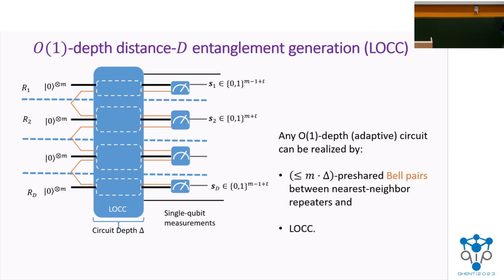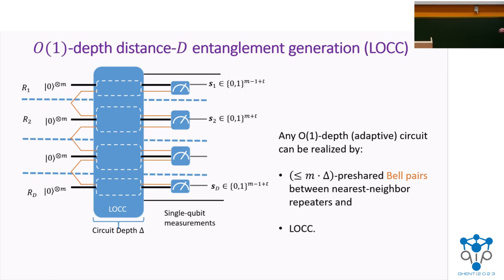Equivalently, we can write the previous circuit like this. I just replaced all the 2 qubit unitaries between nearest neighboring repeater stations using gate teleportation. So I replaced those unitaries with Bell pairs between neighboring qubits like this. Those pre-shared Bell pairs came from gate teleportation.